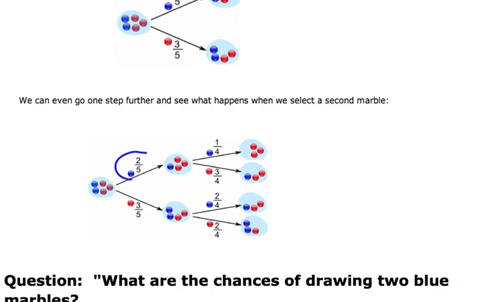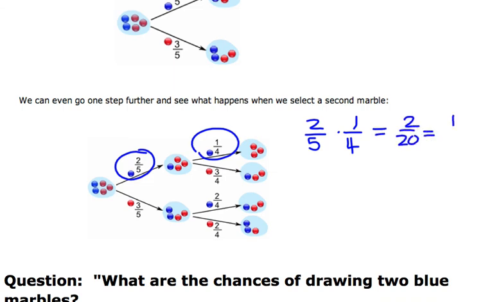What we're going to do is we have to have a blue marble and another blue marble. We're going to multiply those numbers together. The probability of the first event, and then it decreases because we've already taken a blue marble out. And we multiply it again. So we have a 2 in 20, or 1/10 possibility of getting 2 blue marbles on the first chance and the second chance.